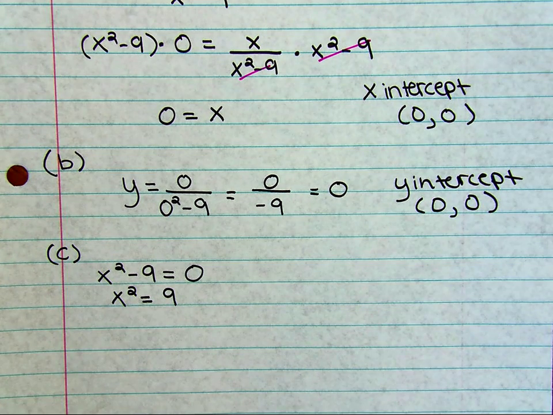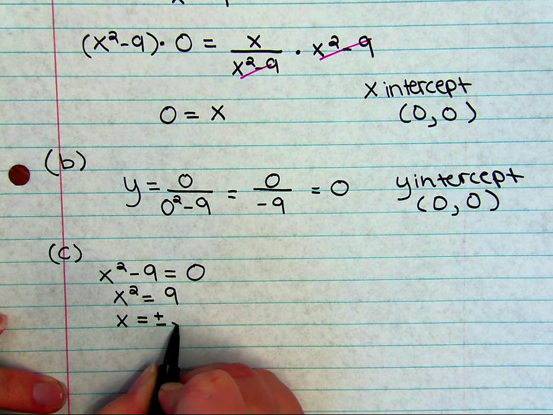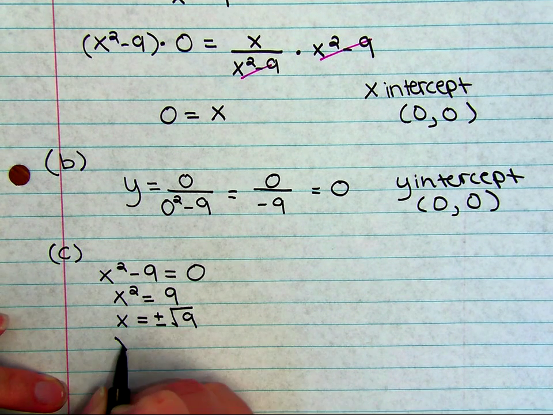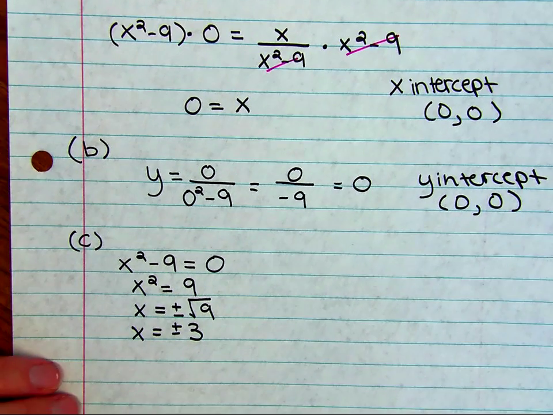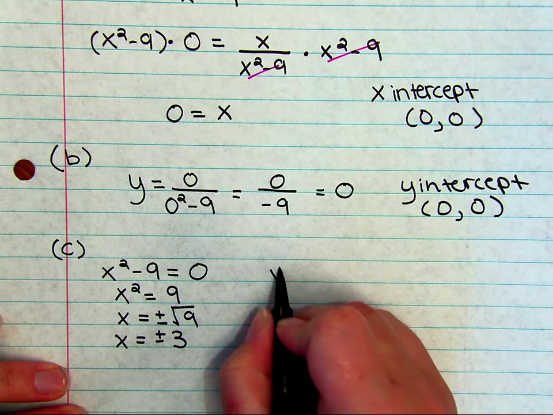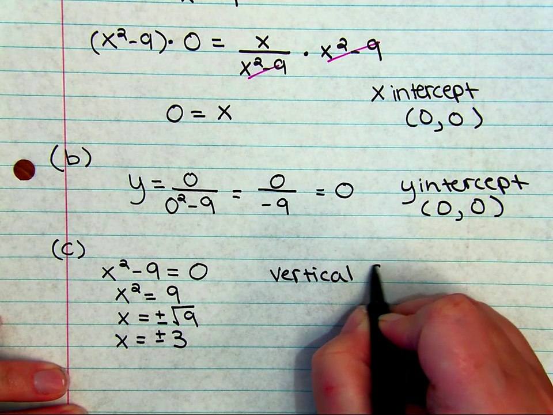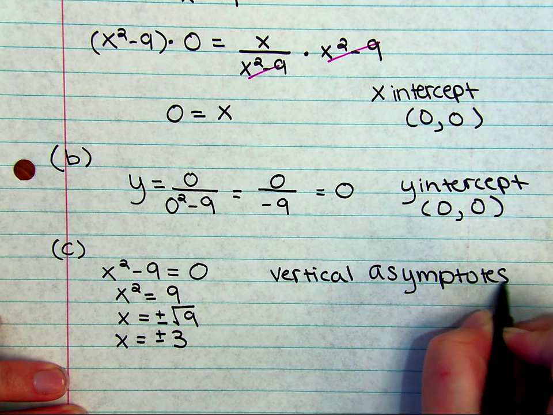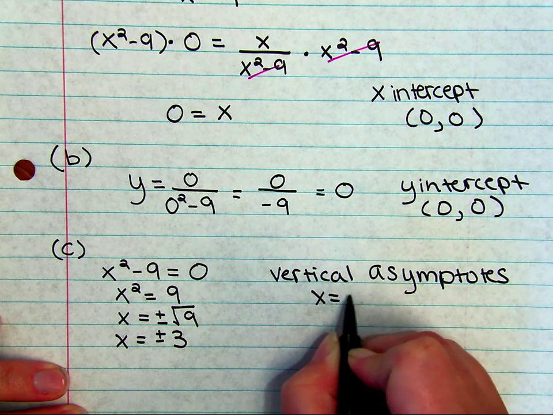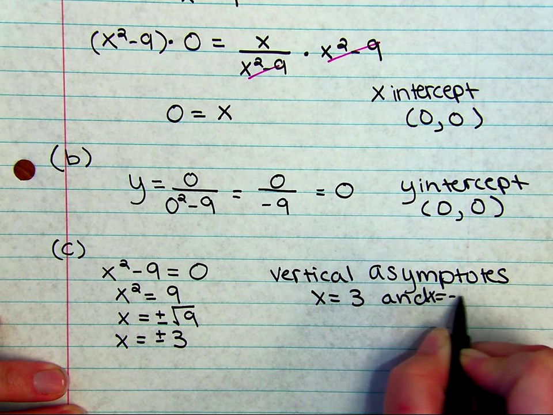So x is going to equal plus and minus the square root of 9. So x is going to equal plus and minus 3. So I would say my vertical asymptotes are at x equals 3 and x equals negative 3. Sorry, that got kind of messy.